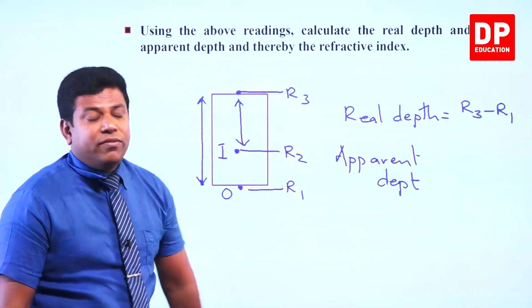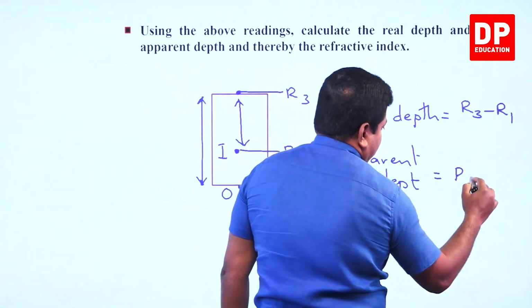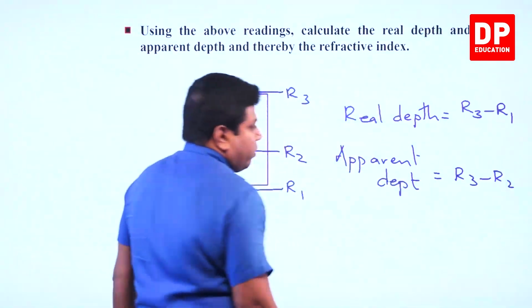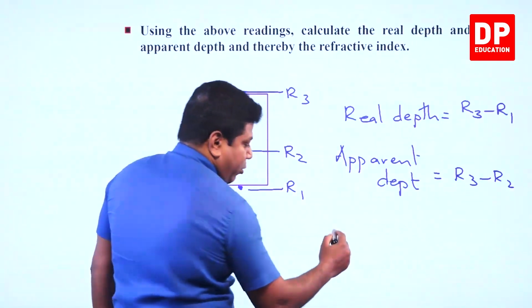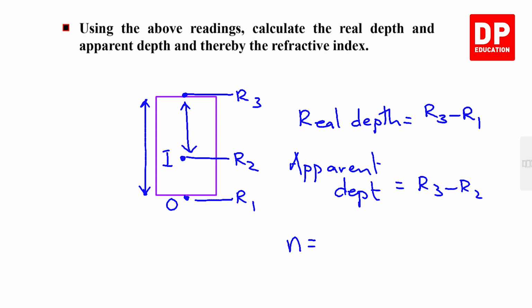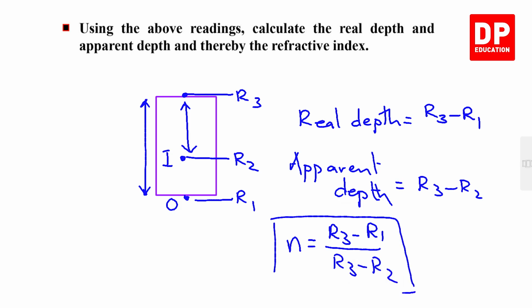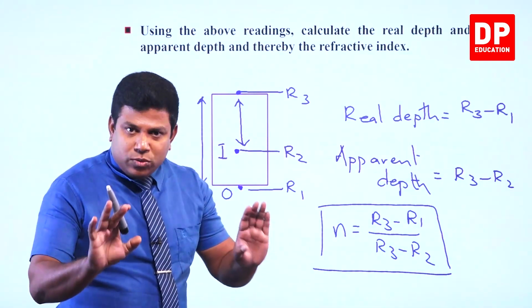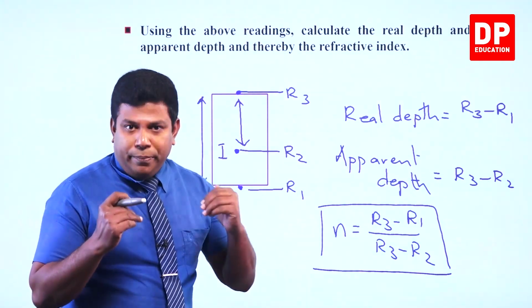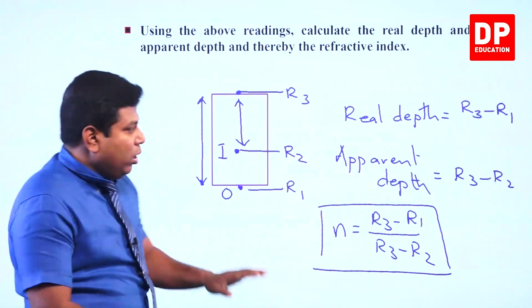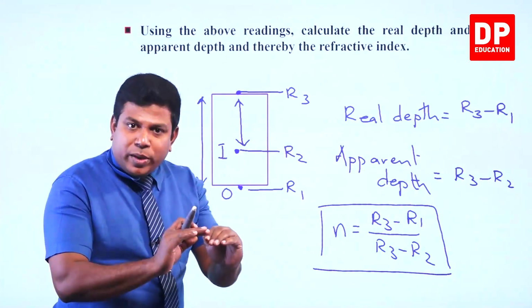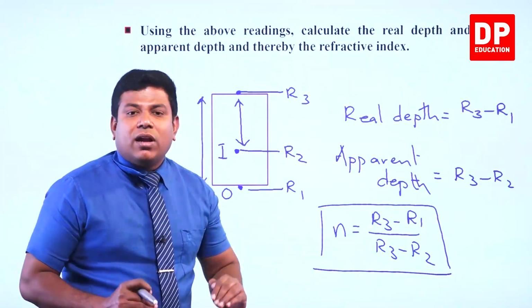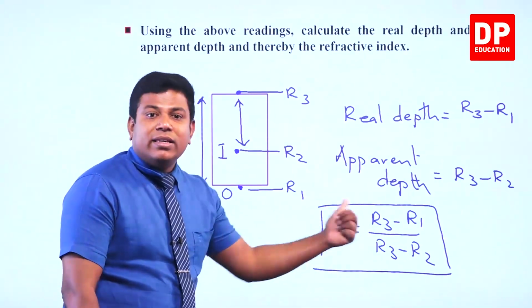The third reading, second reading difference is going to be the apparent depth. And we studied N equals real depth divided by apparent depth, which means R3 minus R1 divided by R3 minus R2 should give us N, the refractive index of glass. Understand? So this is what the practical concept and steps are. Now let's do this experiment, get the readings R3, R1, R2 and then see whether we are getting the refractive index.